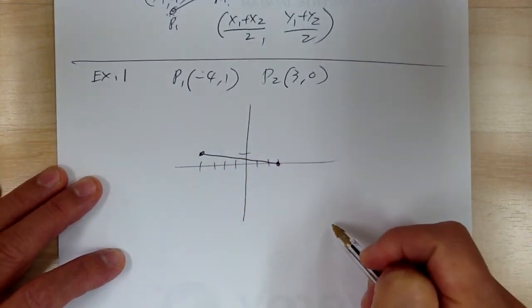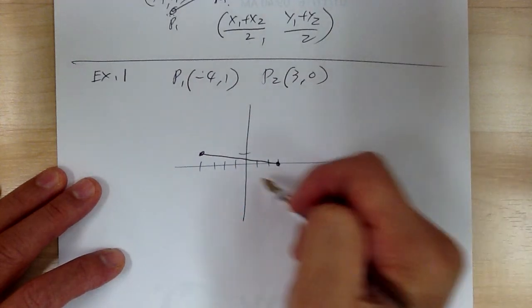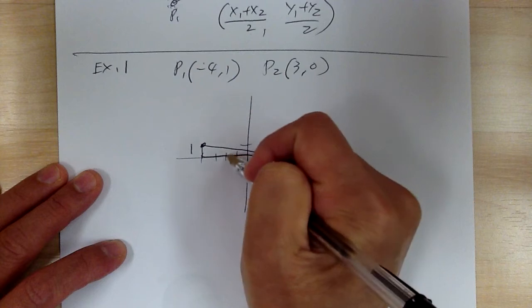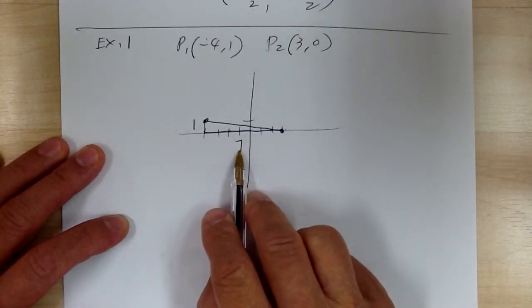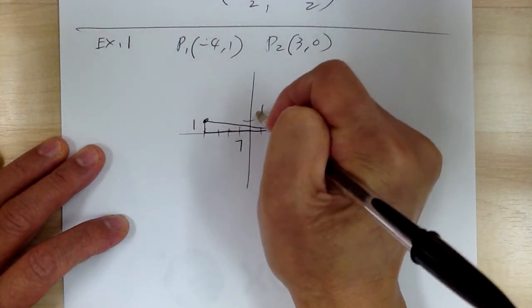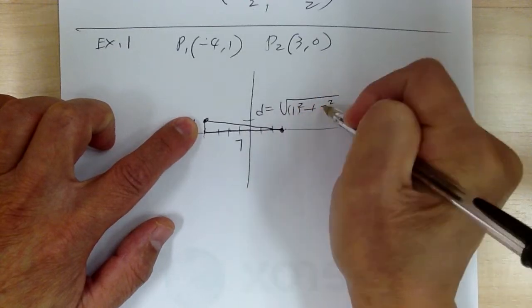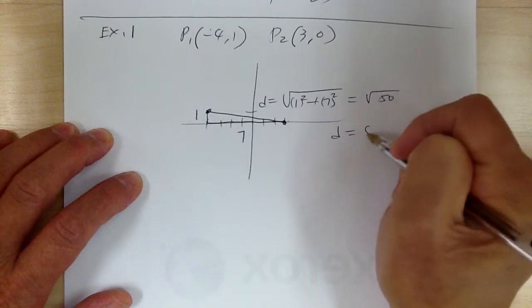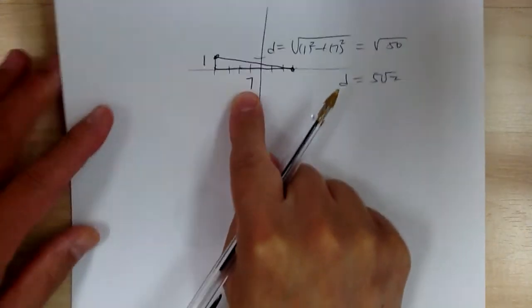If you already sketched it out, you can just use the Pythagorean theorem. So this is 1, and this is 7. So a squared plus b squared. The distance would be equal to the square root of 1 squared plus 7 squared, which is the square root of 50. So the distance is equal to 5 square root of 2. Okay, so that's if you use the graphing.